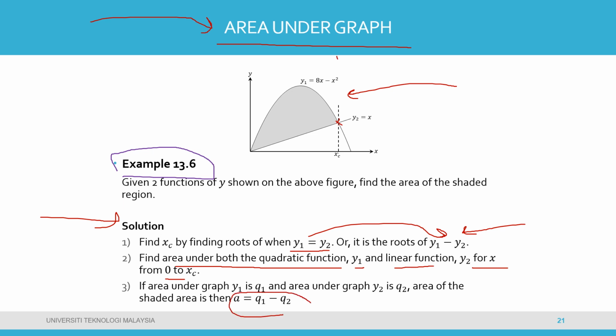So basically you find the area from here to here, you have all of the area here, and then you subtract this area, so you get the answer.